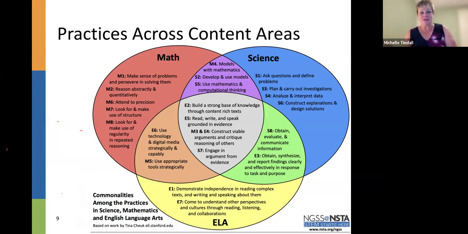And in science, the blue oval is our science and engineering practices, and then we have our English language arts practices. When you look at the intersection there, building a strong base of knowledge through content-rich texts, read, write, and speak grounded in evidence, construct viable arguments, and engage in argument from evidence. That's at the heart of all three of the disciplines.